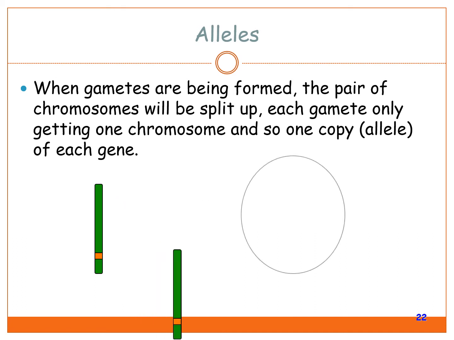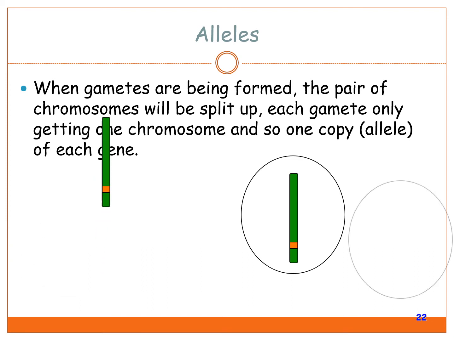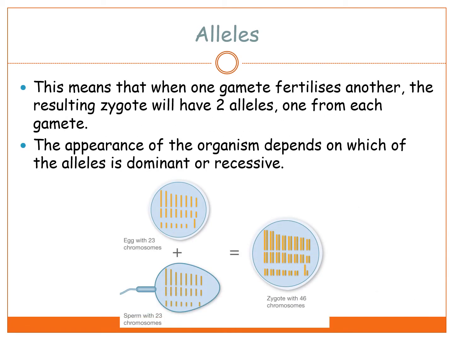So one chromosome goes into the egg and this chromosome will go to the other egg. So this means that when one gamete fertilizes another, the resulting zygote will have two alleles, one from each parent. So the appearance of the organism depends on which allele is dominant and which allele is recessive.